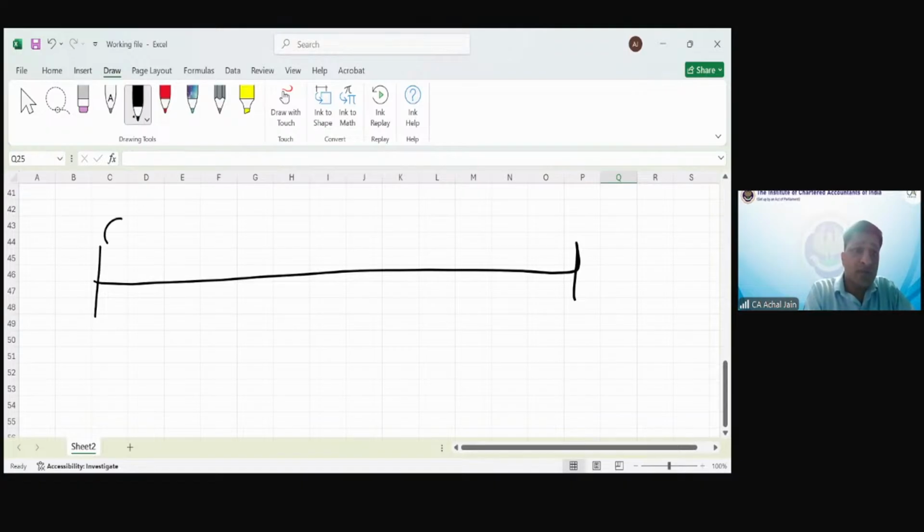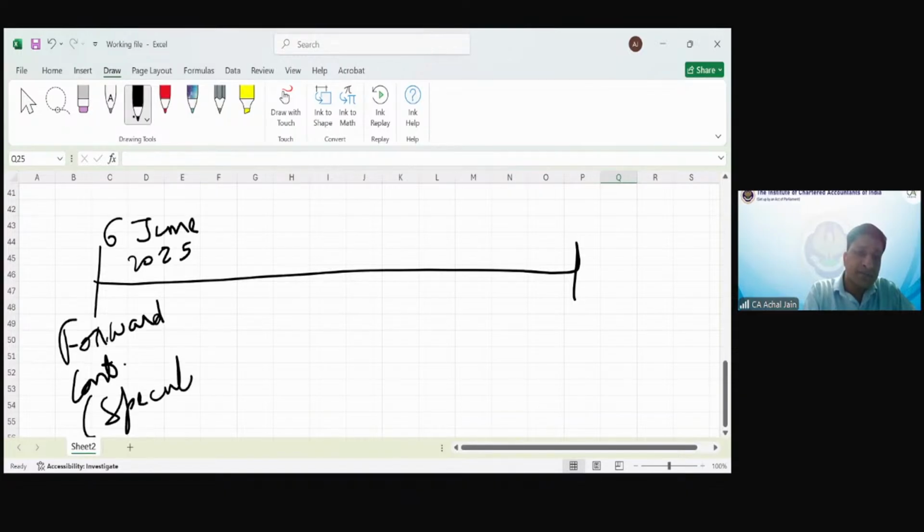Let's suppose today is 6th of June 2025. You enter into a contract. This is a forward contract, and this is for speculation purposes.